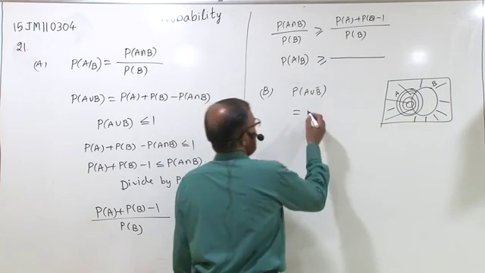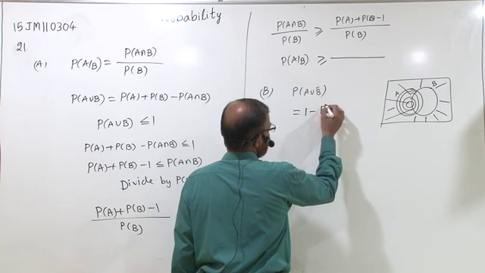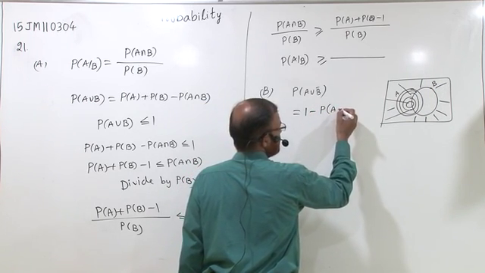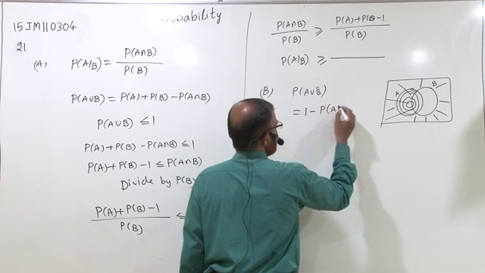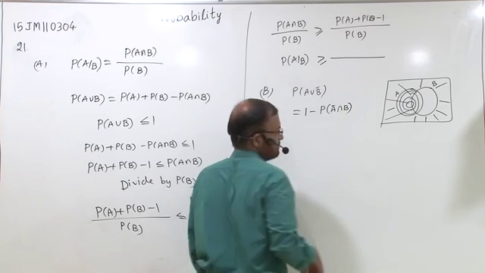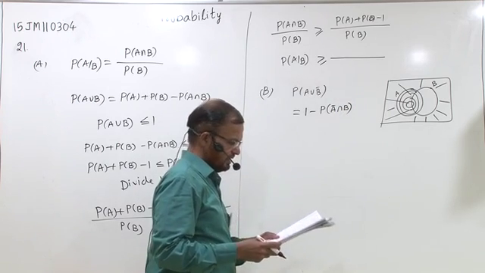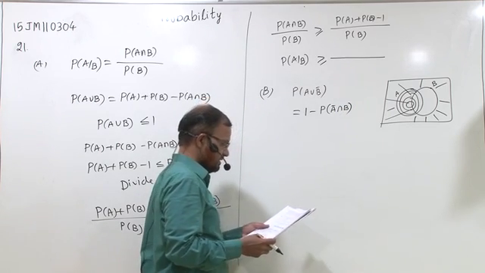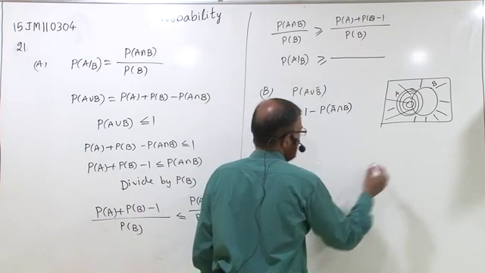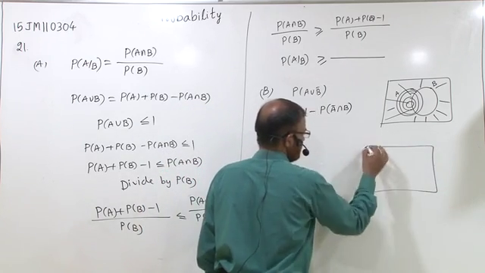That means I can say here it is 1 minus probability of A bar intersection B. Now in this one it is something like this, probability of A minus probability of A intersection B. Let us see here in the right hand side.